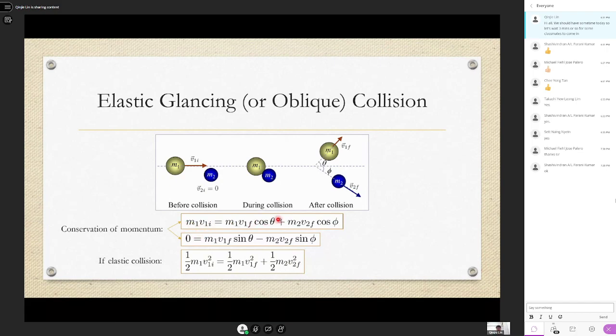The top one here is conservation of momentum in the horizontal direction. This is for vertical.